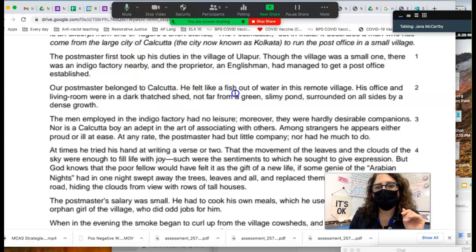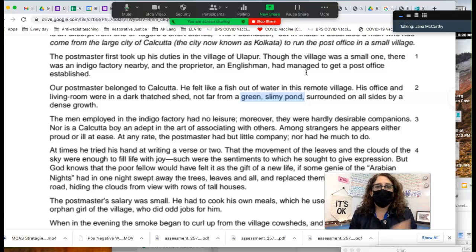He is not far, meaning he's close, right? But what is he close to? A green, slimy pond. What is a pond? It's like a small lake, something with water in it.